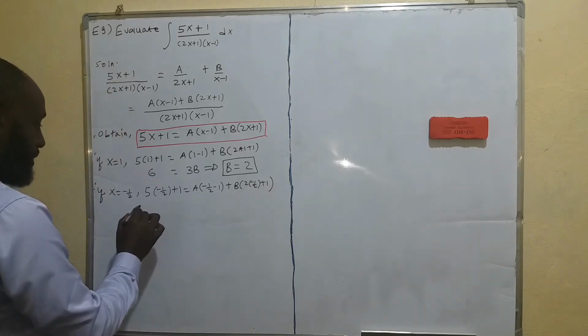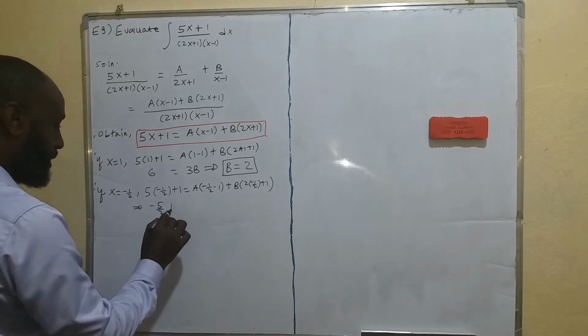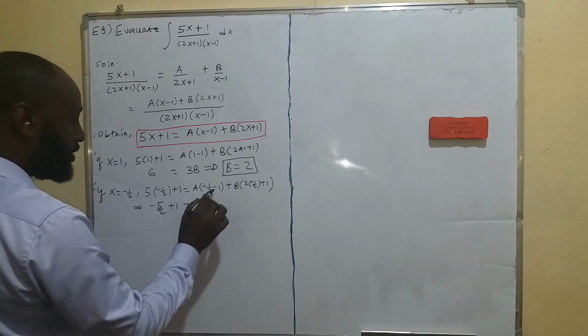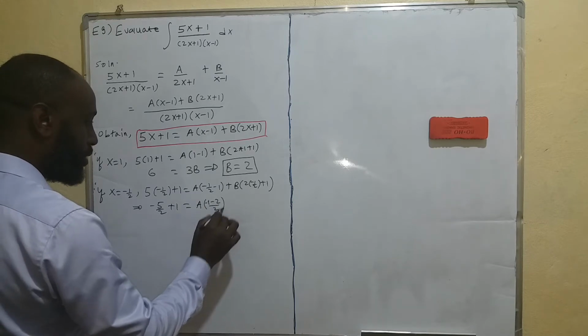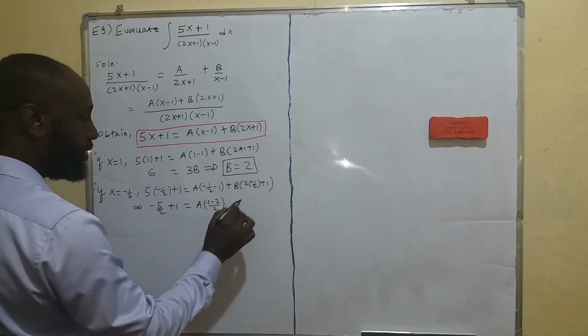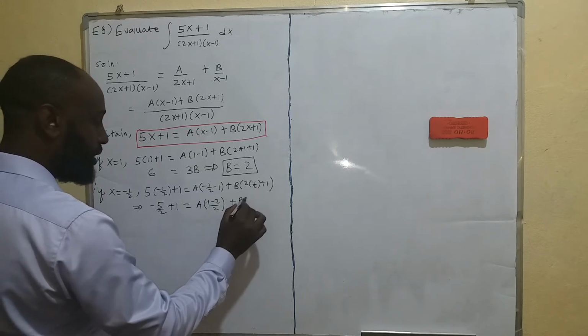So this is −5/2 plus 1 equals A times (−1/2 − 1), which is −3/2. Let me redo the steps: 2 times −1 is −2, −2 over 2 is −1.